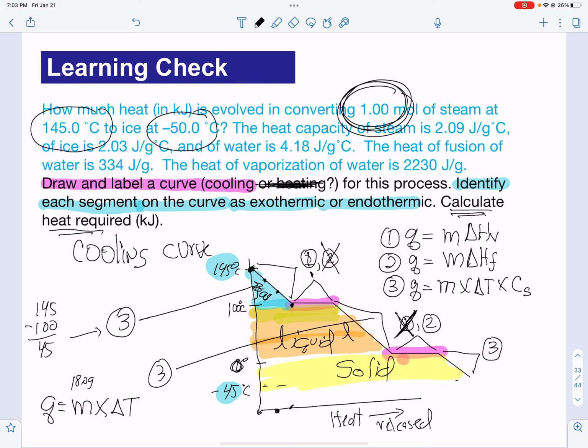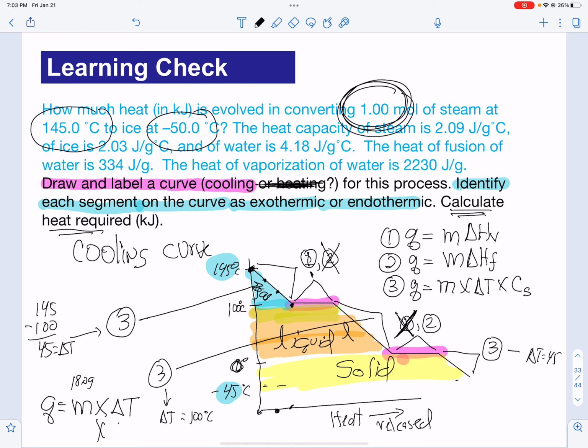So that would be the change in temperature for the first section. For this one, the change in temperature is going to be 100 degrees Celsius, from 100 to 0. And for this one, the change in temperature is going to be 45, from 0 to 45.